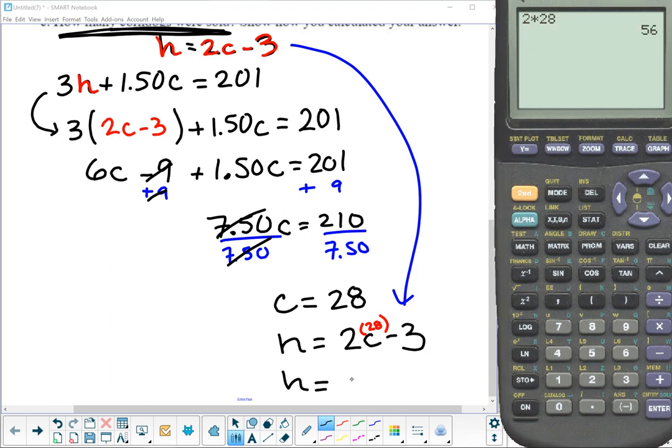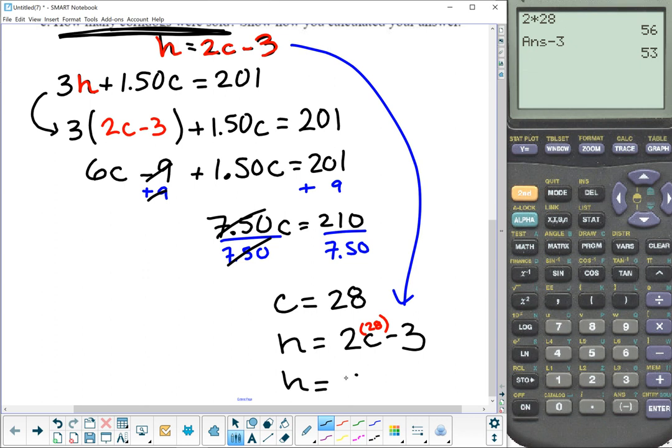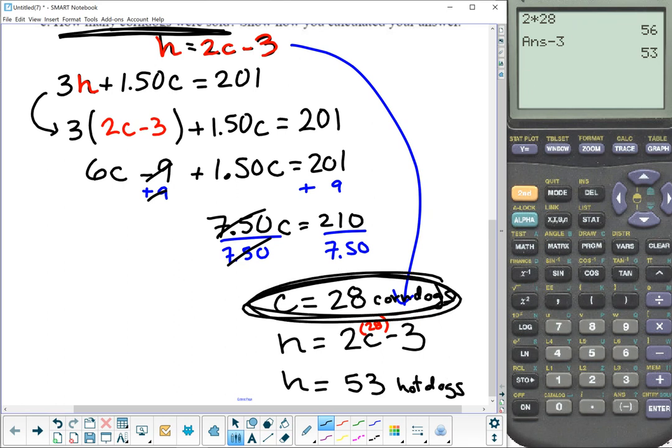That's 56. And we minus 3. So there'll be 53. So 28 are the corn dogs, and 53 are the hot dogs. But really, we wanted the answer of corn dogs. So the question is asking how many corn dogs were sold. There's 28 corn dogs.